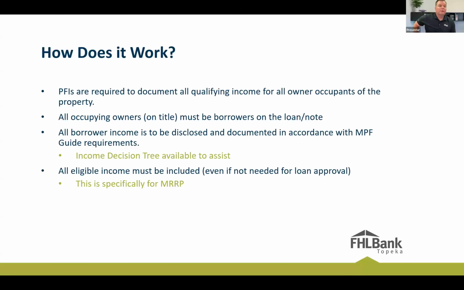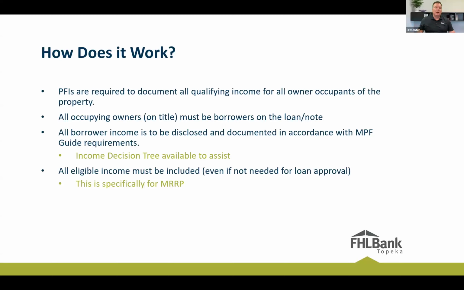Now, PFIs are required to document all qualifying income for all owner occupants of the property. So this is where we get into some of the gray areas and scenarios that can come up. And I'm sure when we get into our Q&A, or our chat at the end, this is exactly where we could hear some of these questions. The important thing here is all owner occupants and qualifying income.